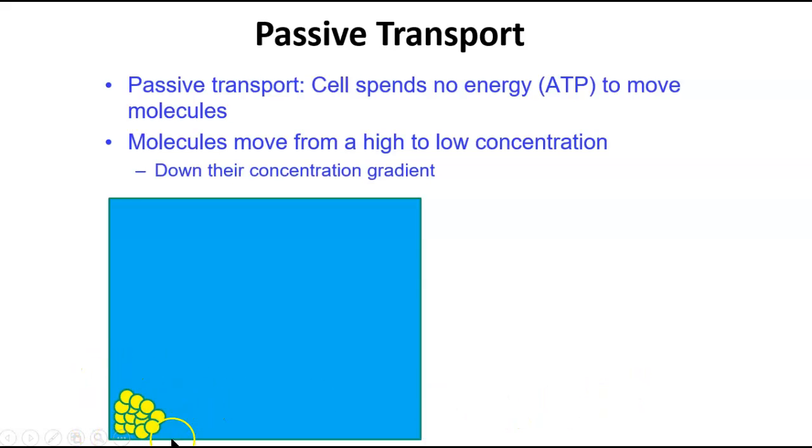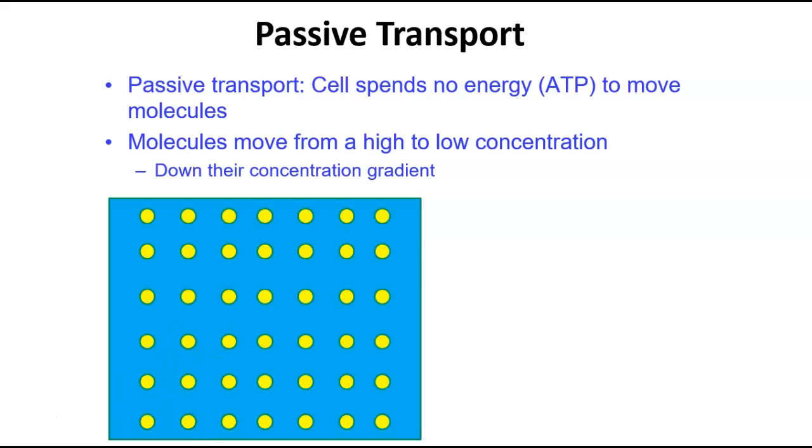So here we have a whole lot of yellow molecules in a large blue box. Right now they're very concentrated down the bottom left-hand corner, but over time they are naturally going to start to diffuse or spread out. Same thing happens even just with human beings.